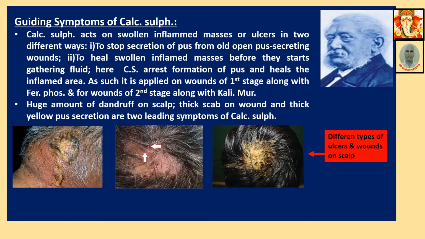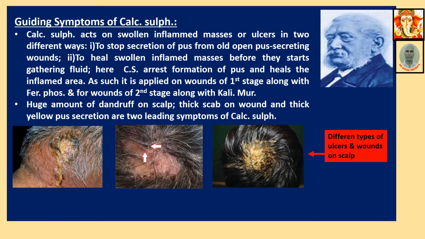Actually, what happens when inflammation occurs? After inflammation comes a lot of blood cells and cells of the immune system, and reaction between these two types of cells causes accumulation of fluid, which ultimately converts into pus. These are called inflammatory exudates.